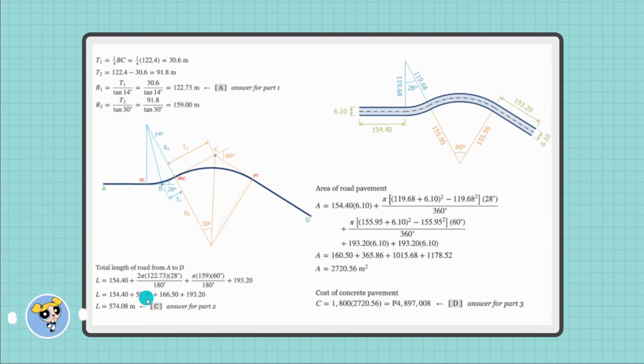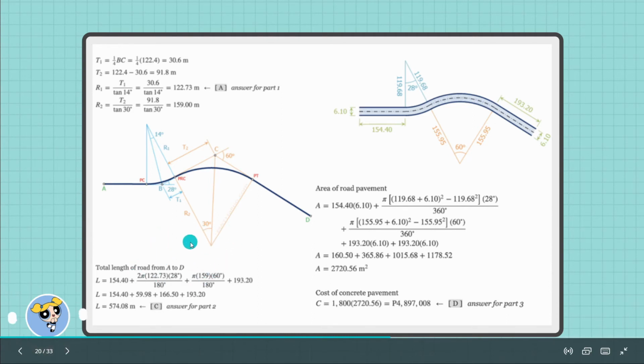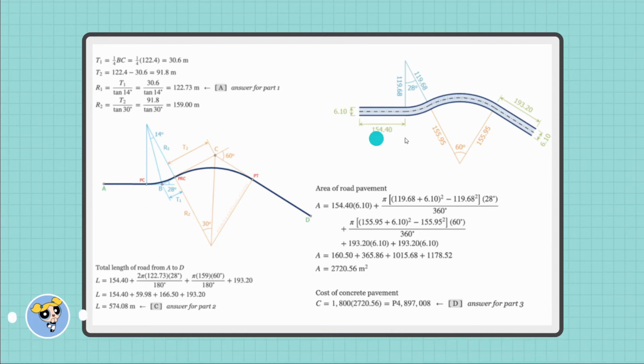To find the total length of road from A to D, we have 154.40 from point A to PC, plus 2 pi multiplied by the radius of the first curve, 122.73, multiplied by 28 degrees over 180 degrees, plus pi multiplied by the radius of the second curve, 159, multiplied by 60 degrees over 180 degrees, plus the length from PT to D, which is 193.20.